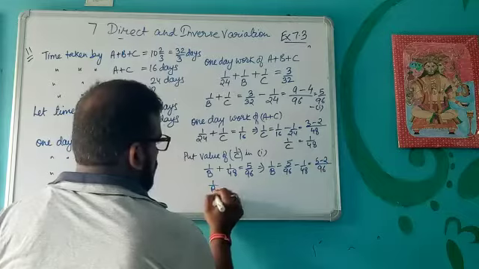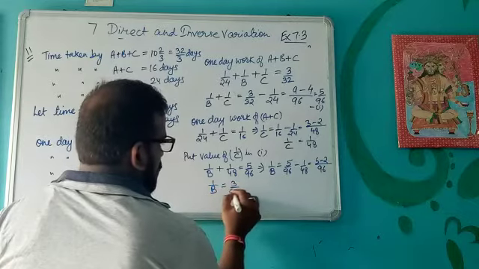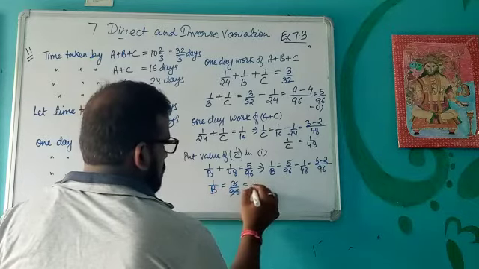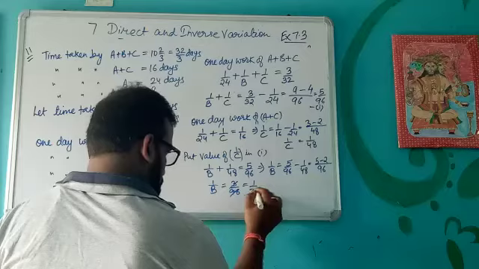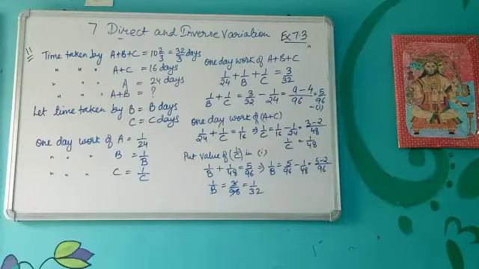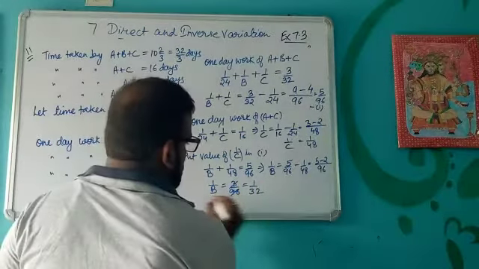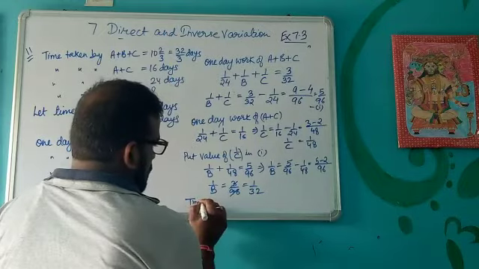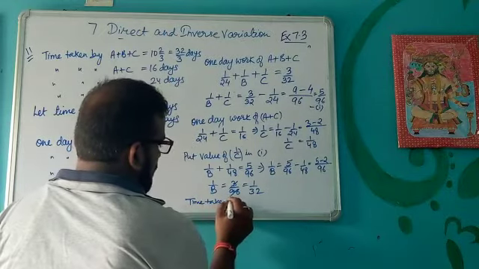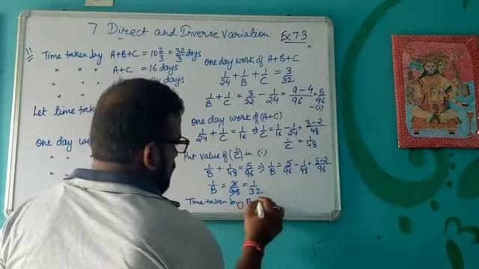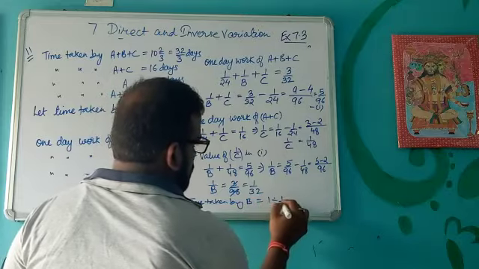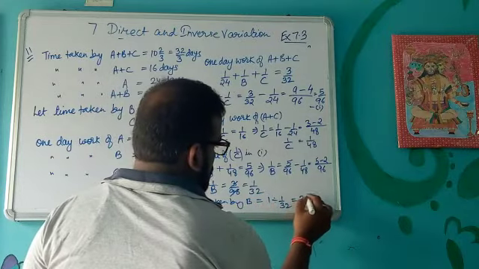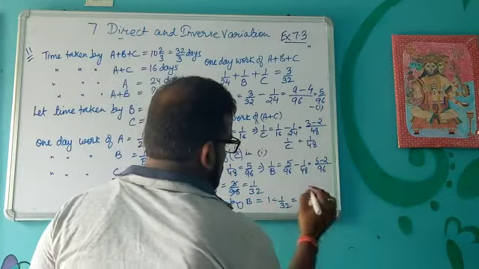So 1 upon B will be 3 upon 96, that is 1 upon 32. Okay. So that means the time taken by B will be 32 days.